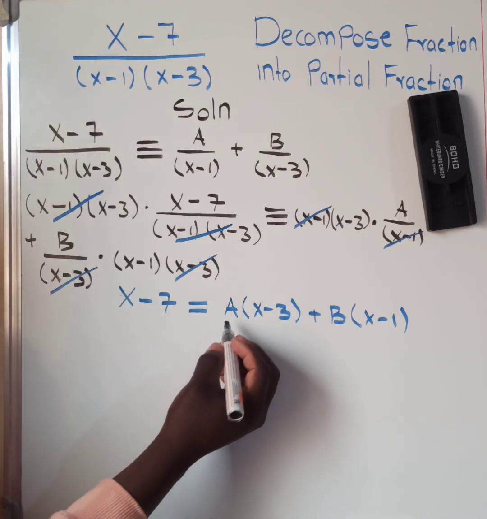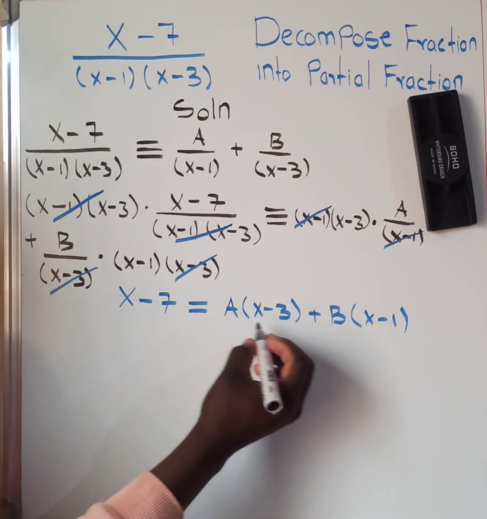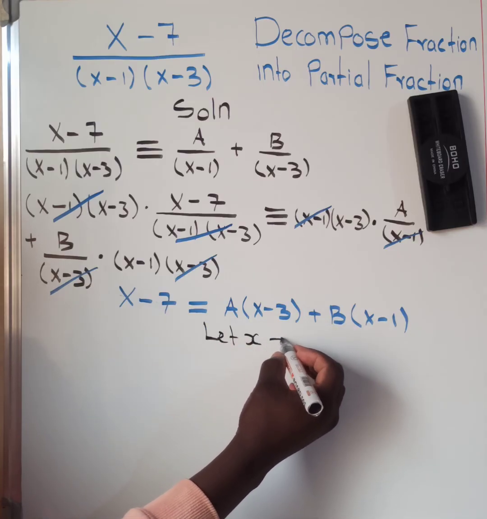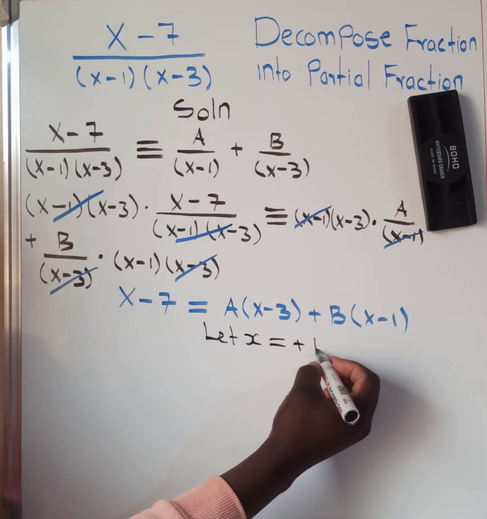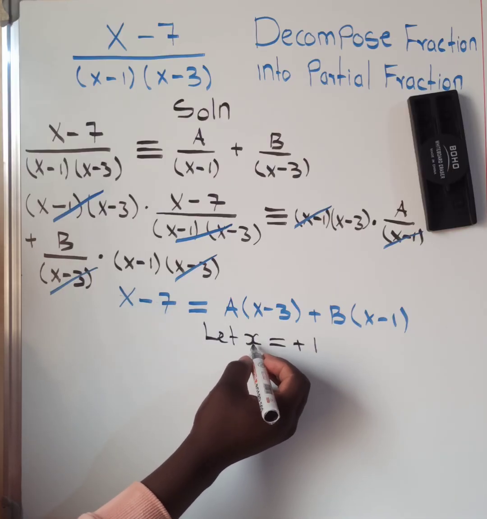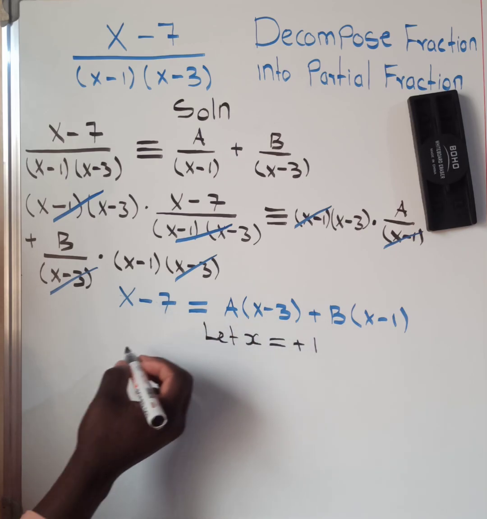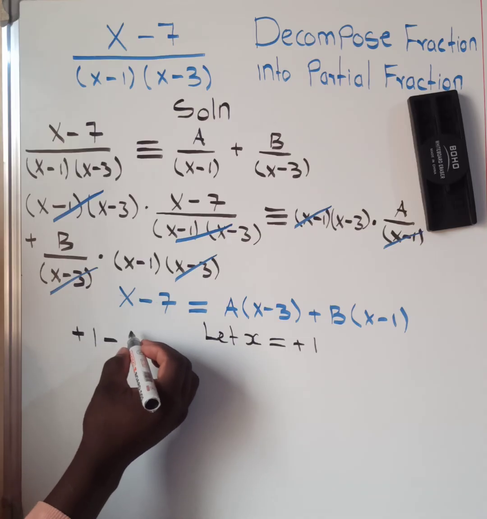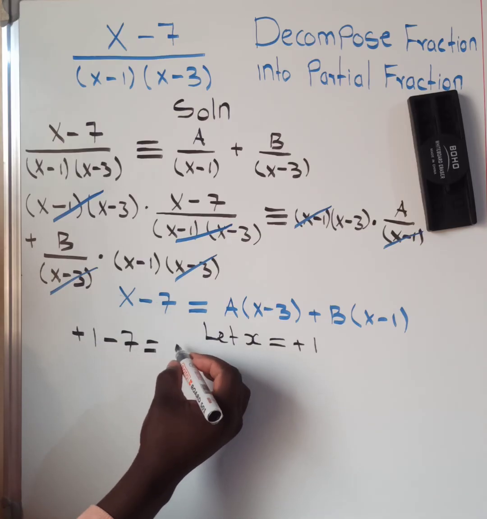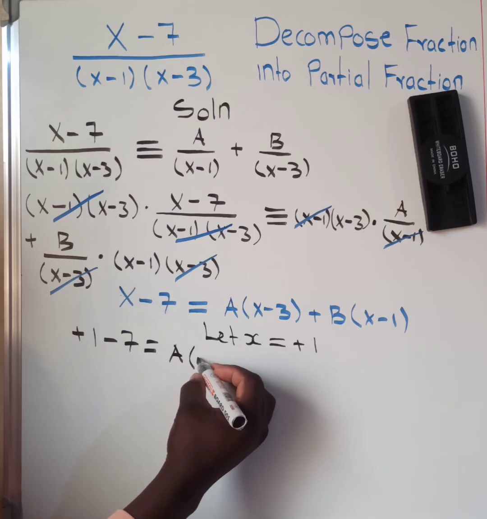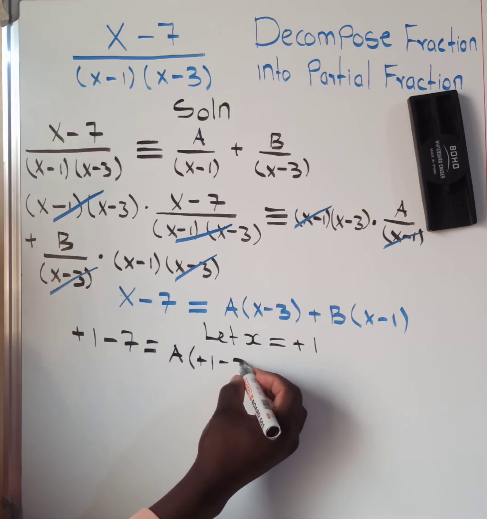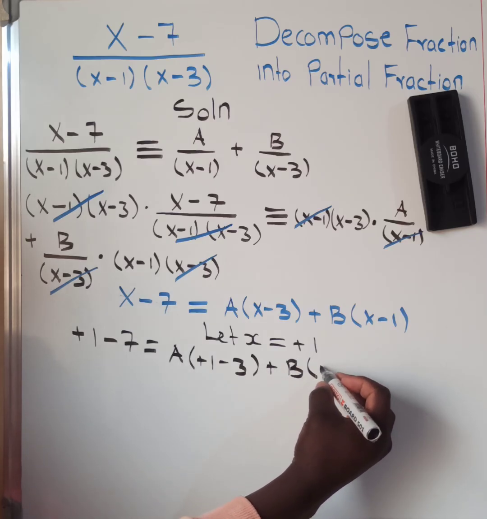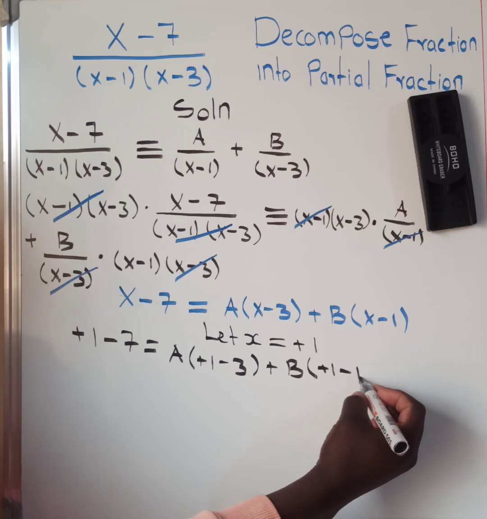So right now we need to find the value of A and B. To find the value of A, we have to say let x equal to positive 1. So we have to substitute positive 1 in the place of every x we have. So I have here x is positive 1, so 1 minus 7 equal to A(1 minus 3) plus B(1 minus 1).